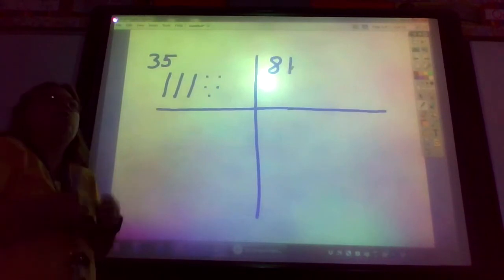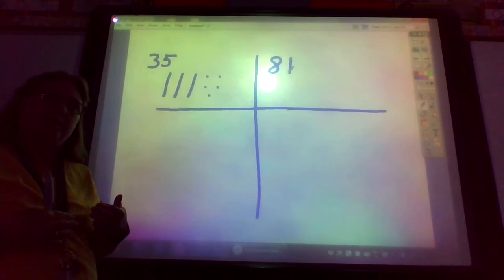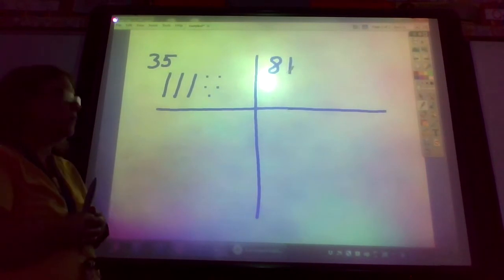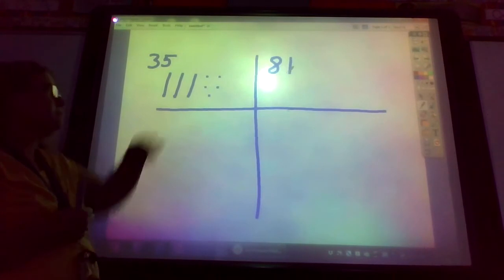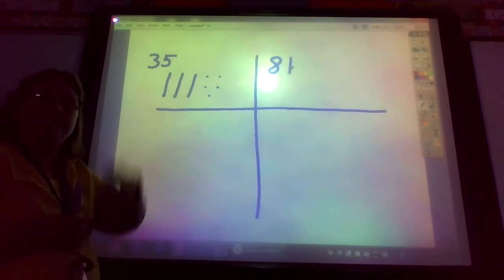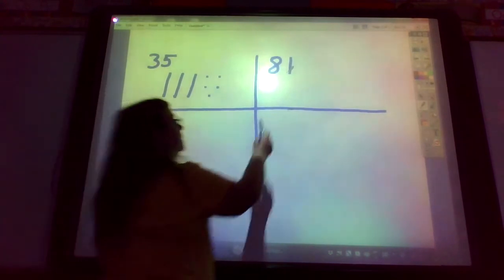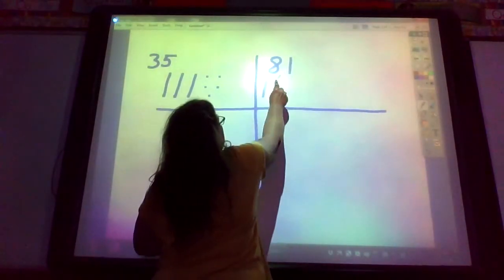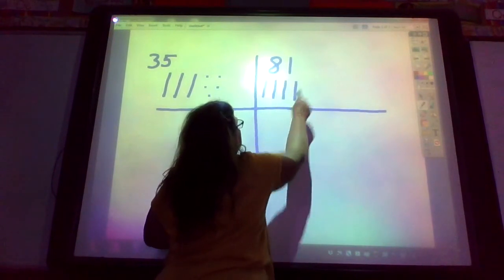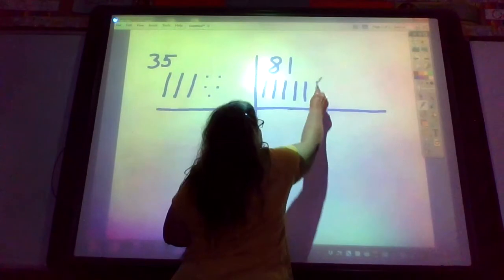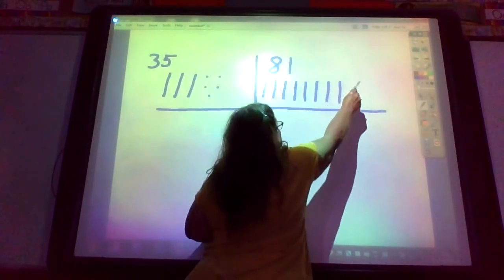Okay, we're going to quick draw 81 with 10s and 1s. I'm just using my quick draw method. So, I have 10, 20, 30, 40, 50, 60, 70, 80, 1.